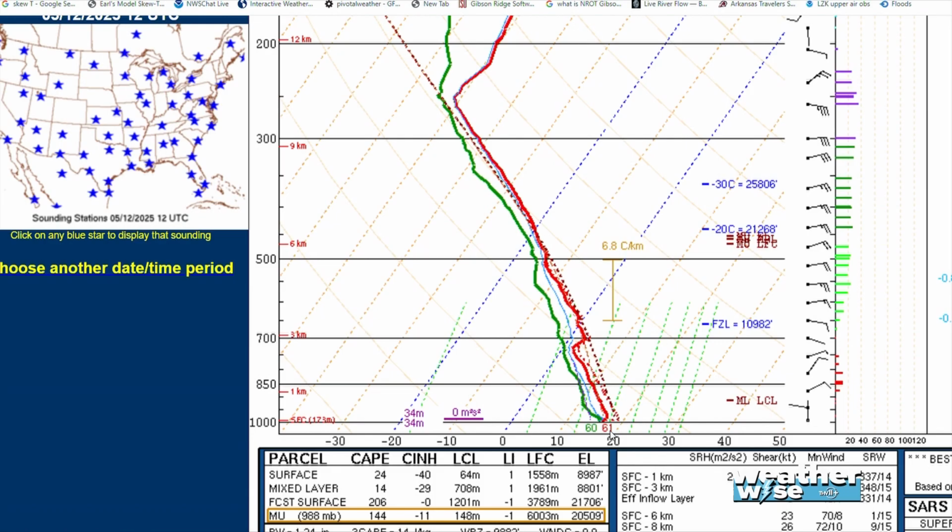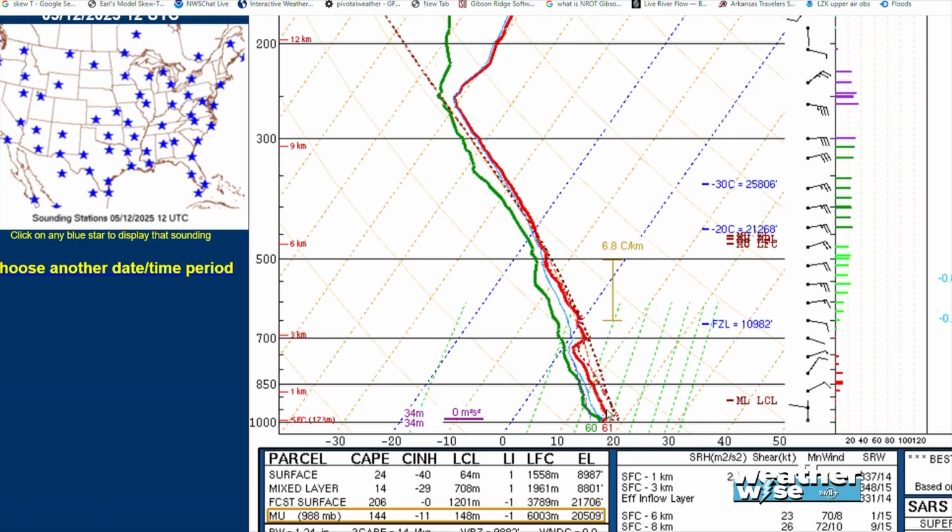At the surface, we were at 61 degrees, and these dashed lines right here are the temperature, decreasing as you go more to the left of the screen, and increasing the more right you go. And it is in Celsius.